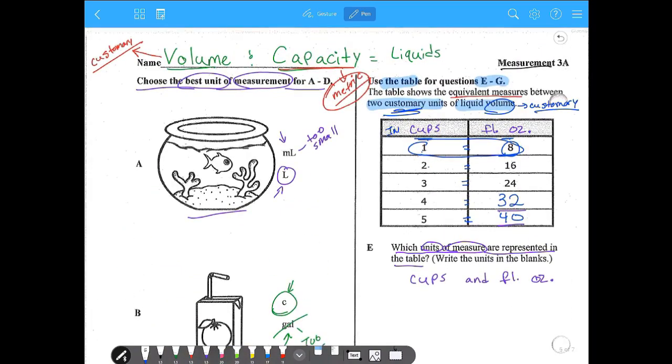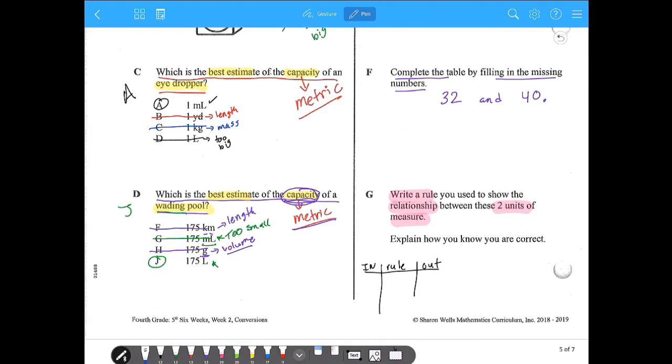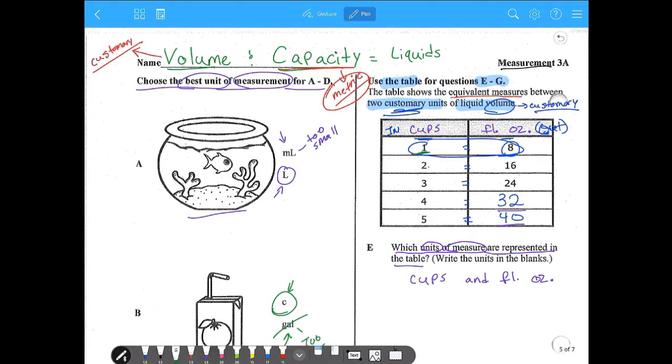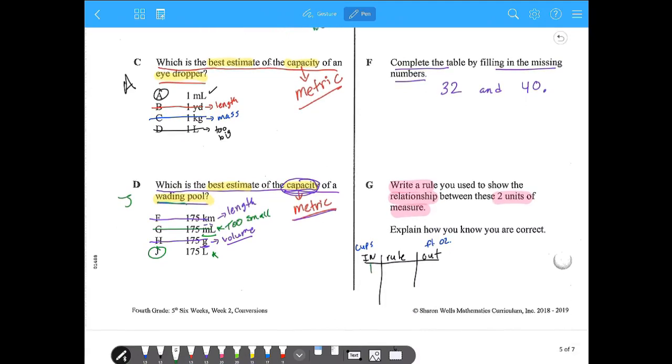This is your input, and this is your output. So the input would be the cups, the output would be the fluid ounces. And remember, if you look at your chart right here, it says 1 equals 8.